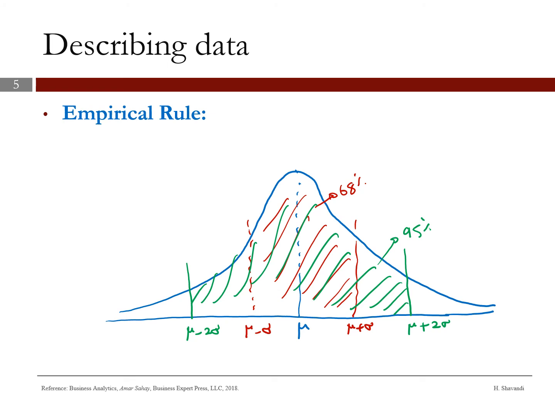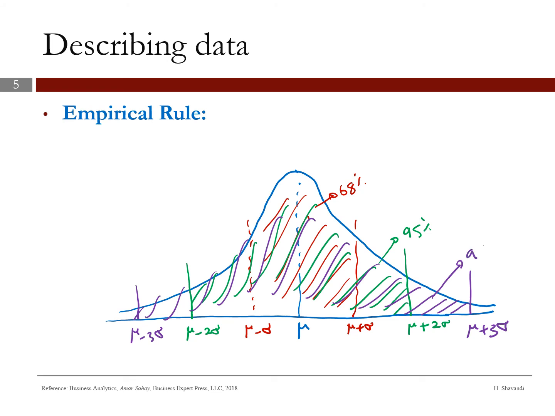And if we go for 3 sigma, like here mu minus 3 sigma, and here mu plus 3 sigma, we can see almost all observations would lie within this range. This is approximately 99.7%. So this is the empirical rule for symmetrical distributions.